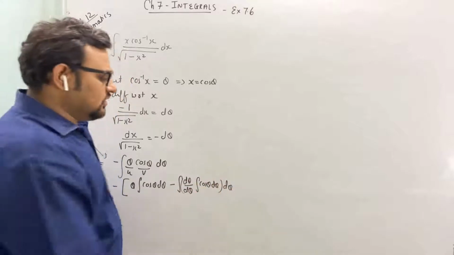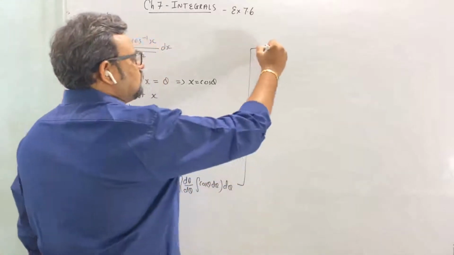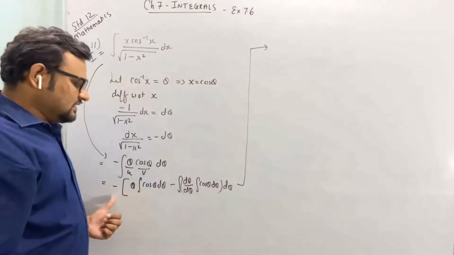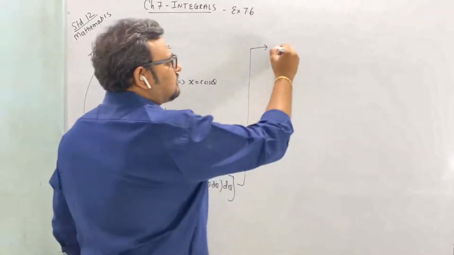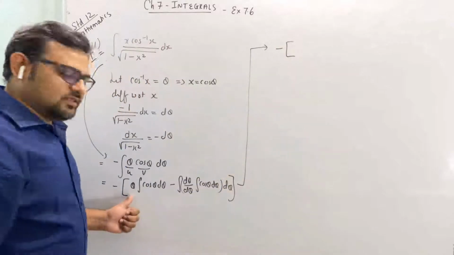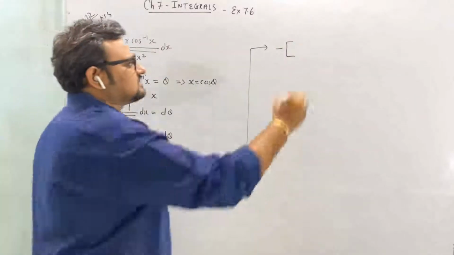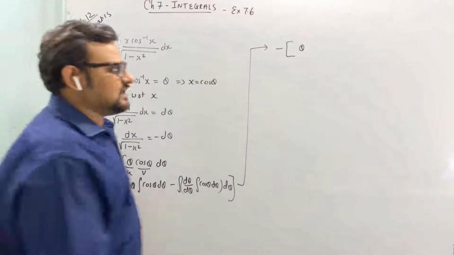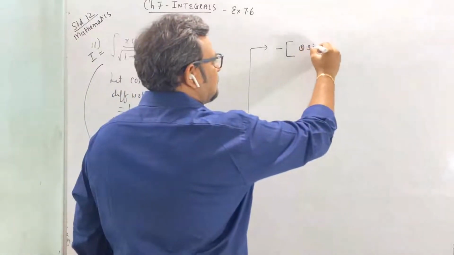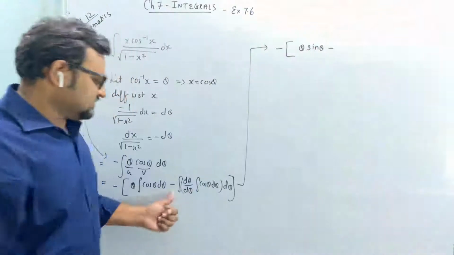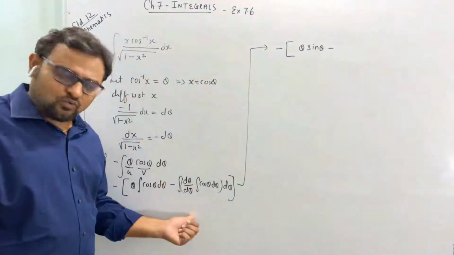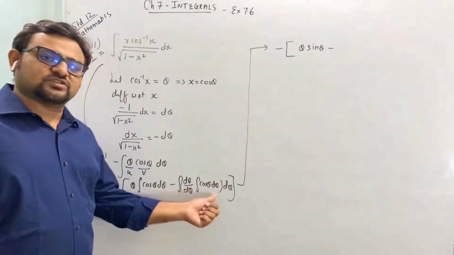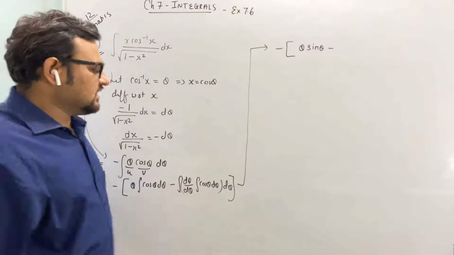Clear? So now what we can do, minus sign it will be common, theta as it is, integration of cos theta, sin theta, minus d theta by d theta 1, integration of cos theta d theta, that is again sin theta.